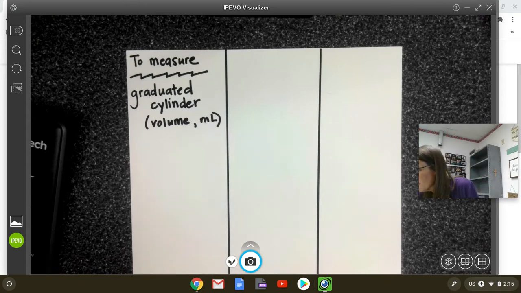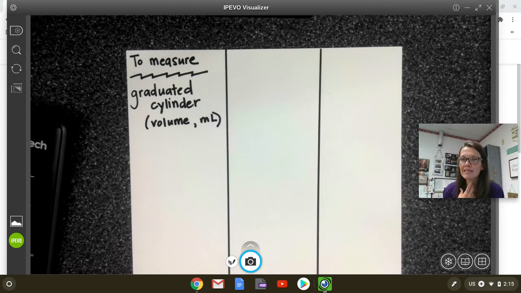So just as a review, and we'll talk about this again later, remember that volume tells you how much space something occupies. And then mass is essentially a measurement of how much matter is there. Remember, in our second unit, we're going to talk about how many atoms are present in matter. And so mass allows us to calculate that. If we know the mass of something and we know what it's made of, we can calculate exactly how many atoms are present.